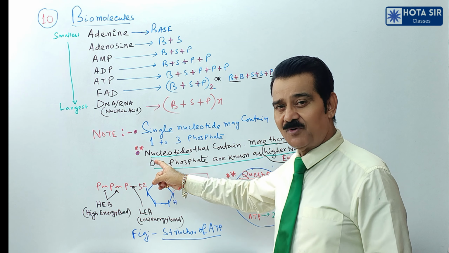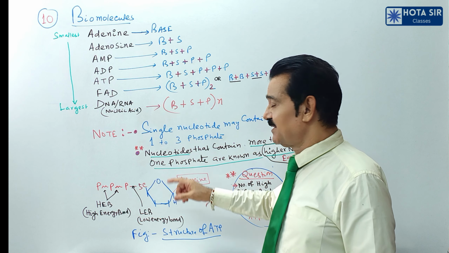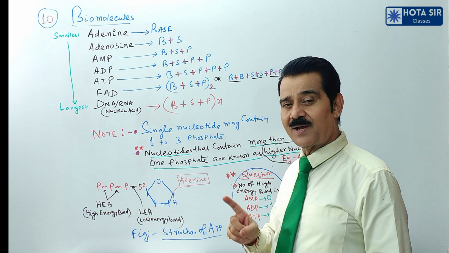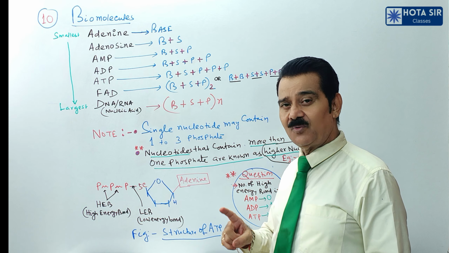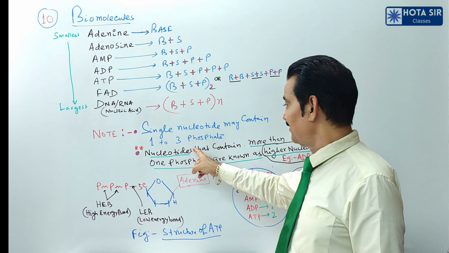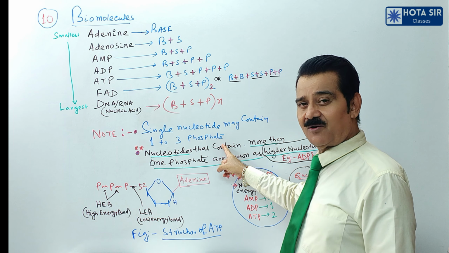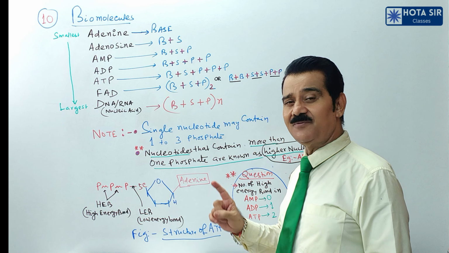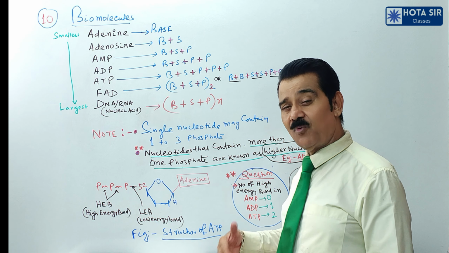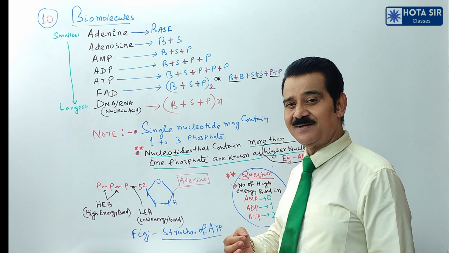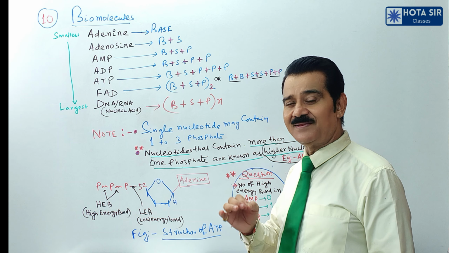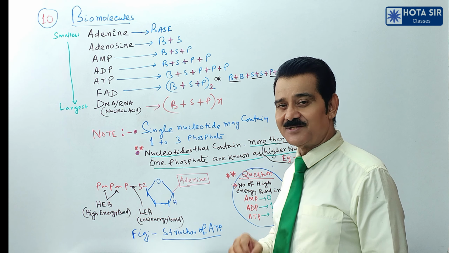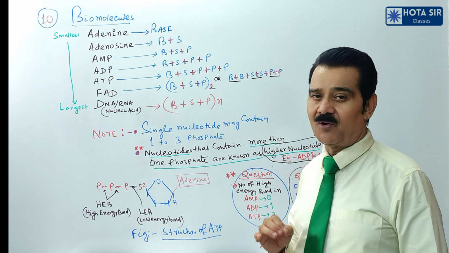Have a look towards the board, my dear children. One is single nucleotide. Single nucleotide means one nucleotide may contain 1 to 3-phosphate. I have written. Clear or not? When more than one phosphate is present in a nucleotide, then they are called nucleotides of higher order.